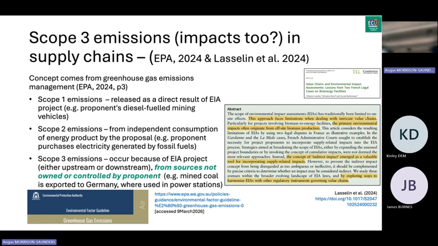To what extent should the EIA of the iron ore mine in Western Australia consider those scope 3 emissions? That's the question. The problem being that once the miner has sold the iron ore, they no longer have any control of what happens to it.